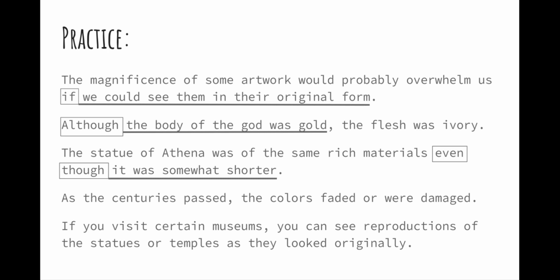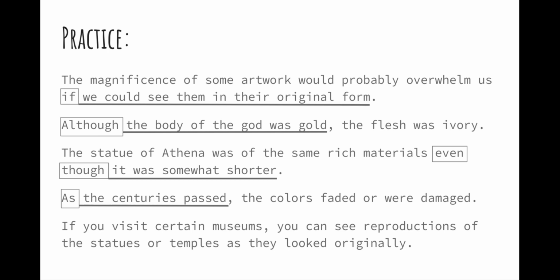That's the independent clause. All right, the next one. As the centuries passed, the colors faded or were damaged. So what do you see there? Hopefully you see as. As is your conjunction there. Your dependent clause is as the centuries passed, and your independent clause is the colors faded or were damaged.